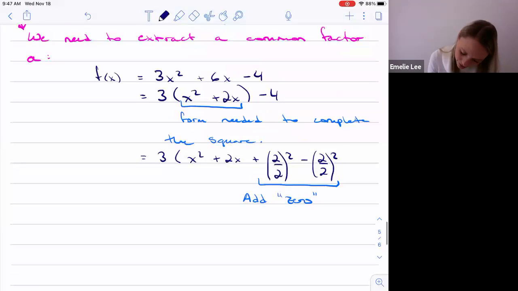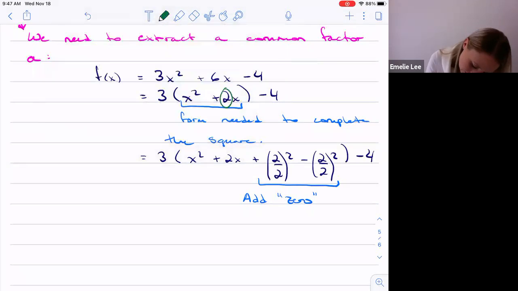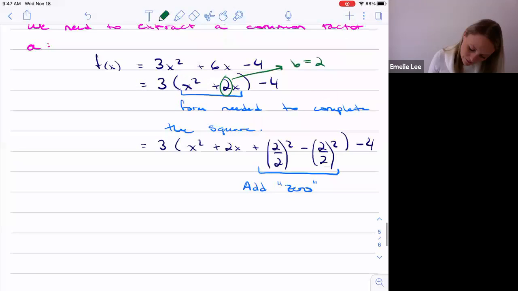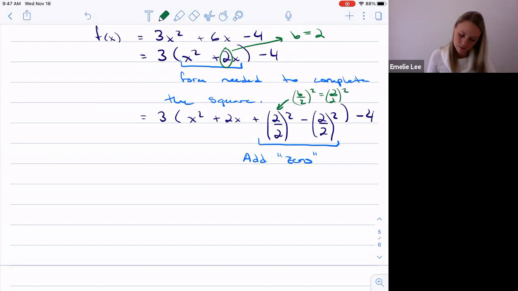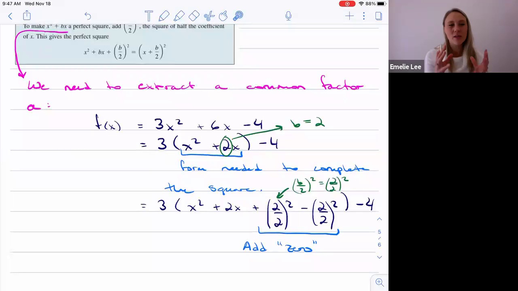And then remember, on the outside of these brackets, we have minus 4. I'll make a note that this b is equal to 2. So this is going to be b over 2 squared, which is 2 over 2 squared. Okay, so we regroup again.